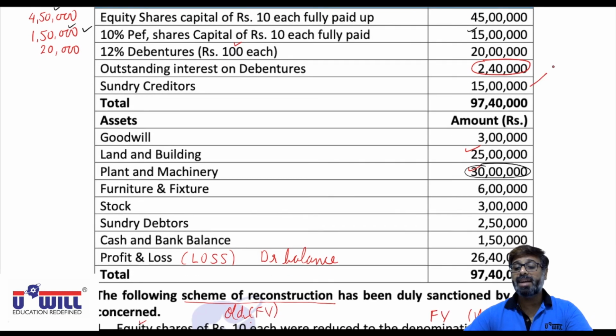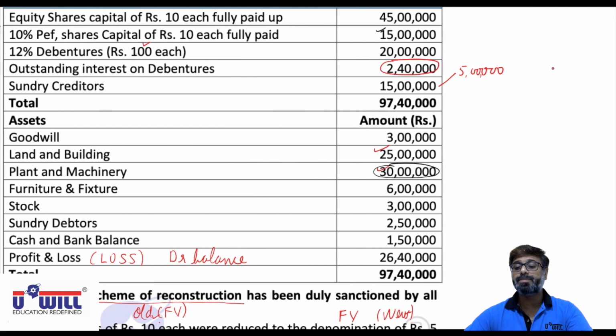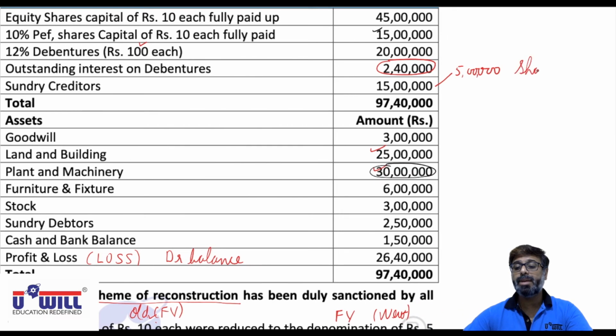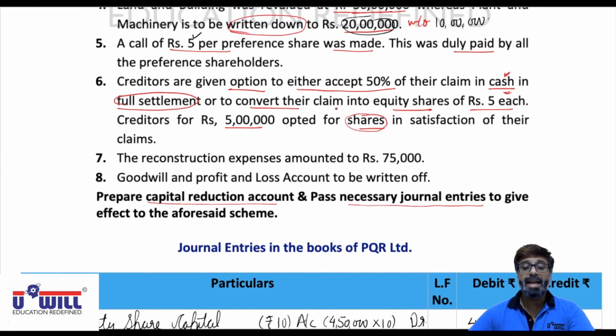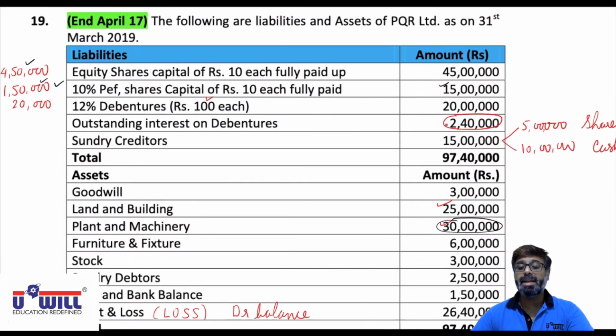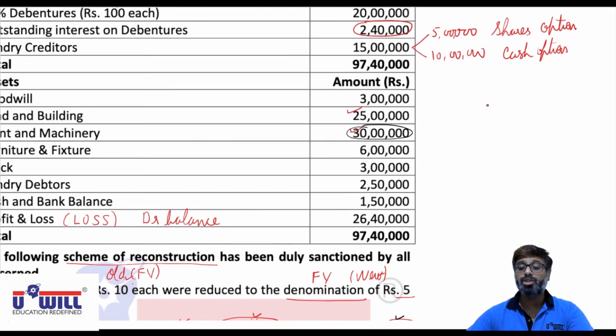So out of that, 5 lakhs are going in for the shares option, means they are taking equity shares, and 10 lakh of creditors remaining, 15 lakhs minus 5 lakhs, they are going for cash option.